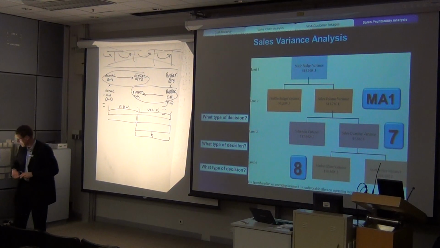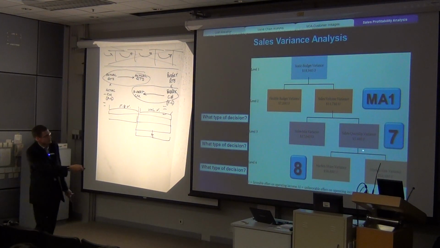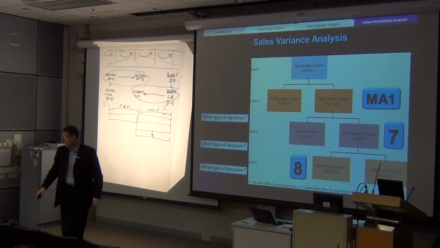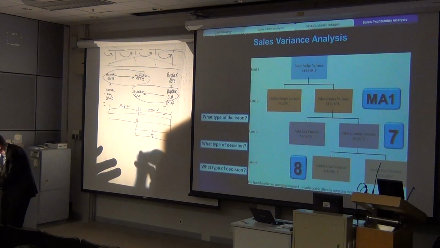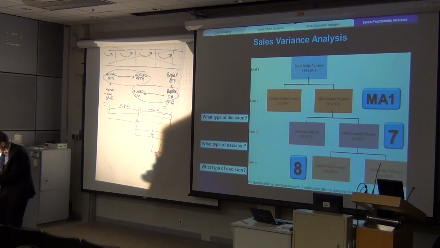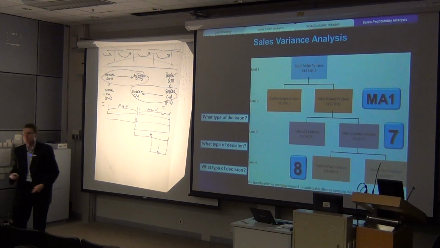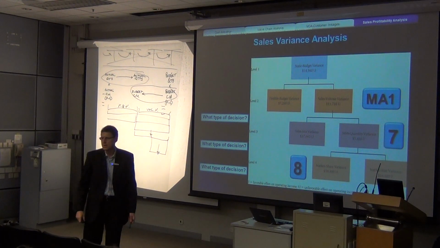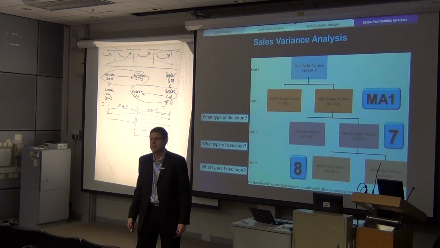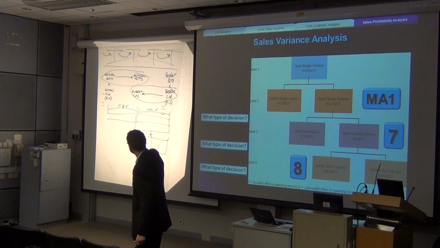That will give us our sales quantity variance here. Then we will break this into two parts, and that will give us our market size and market share. So you're starting here and then getting down into minute parts.